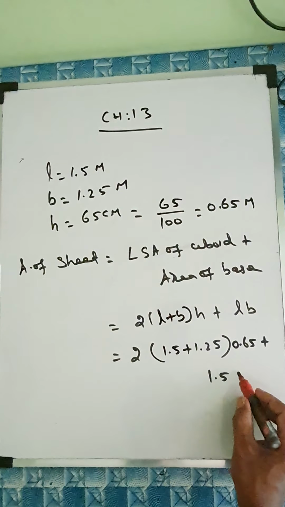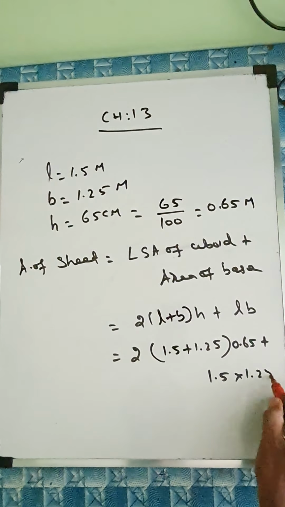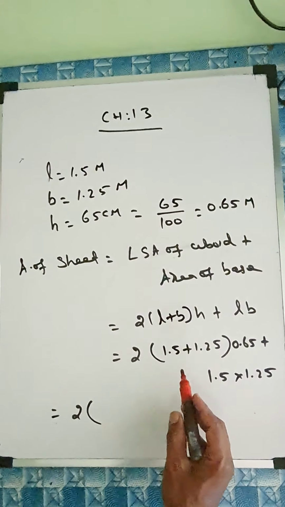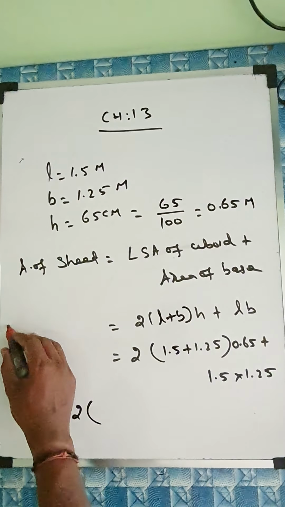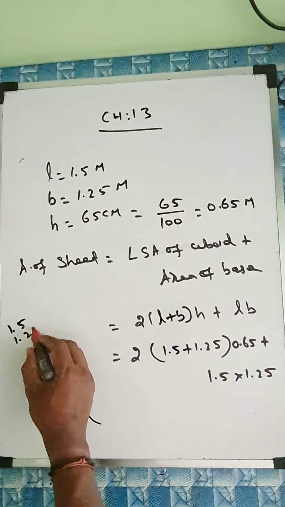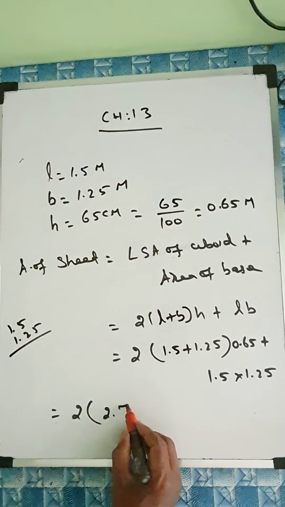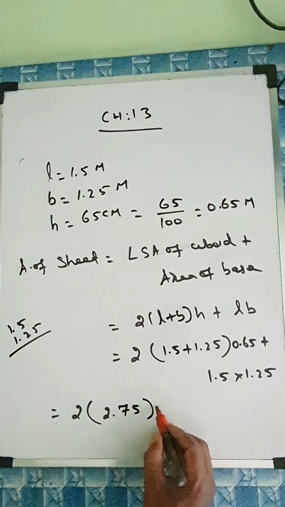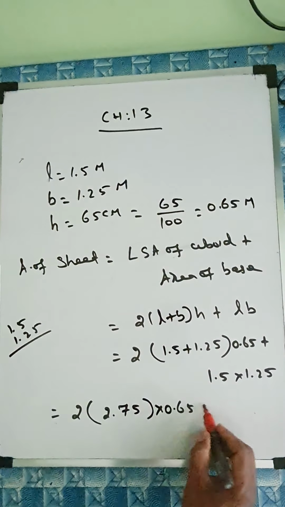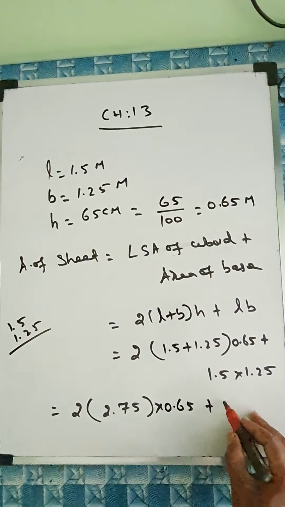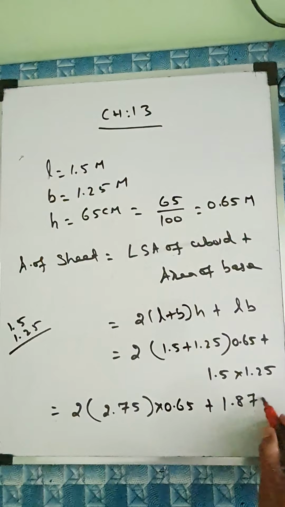So 2 into, adding 1.5 and 1.25, it will be 2.75, into 0.65, plus multiply 1.5 into 1.25, which will be 1.875.